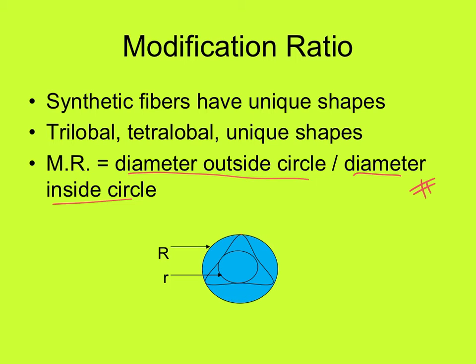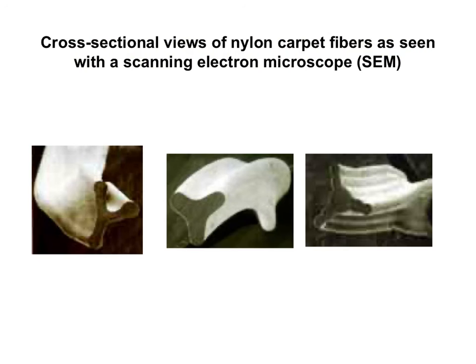If it's trilobal, obviously that would be the shape of the filament. We would look at imposing a circle on the outside and say, what is that diameter versus the diameter of our inner circle? Again, it's just going to give us another number that we could then reference back to in a chart and say, what type of fiber or fabric or film may this be?